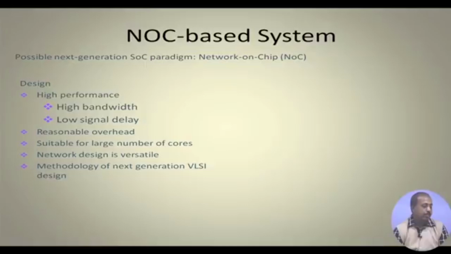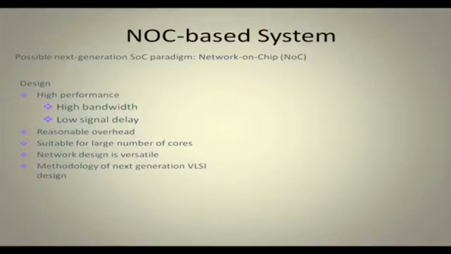We can take help of the many parallel communications that may occur among these cores. If you have a large number of cores, the possibility of parallel communication is more. As a result, we can exploit the NOC infrastructure for sending a large amount of information from sources to destinations.